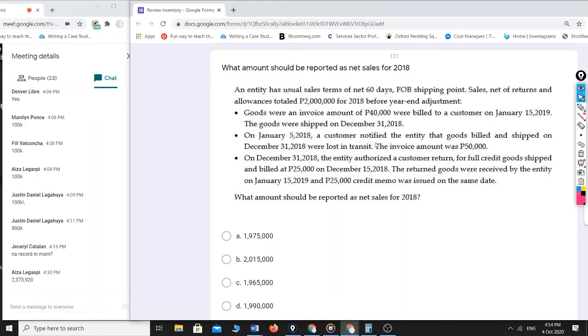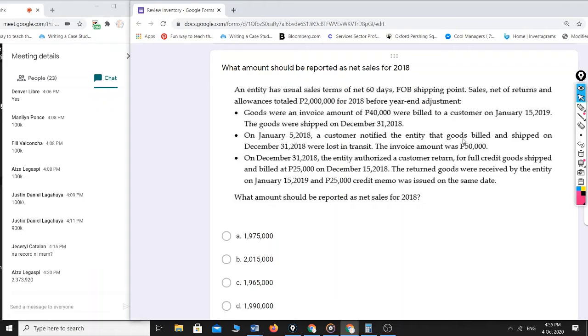So, whatever happens sa shipment, ang mo-bear sa expense, of course, si customer na. So, wala na control ang entity, and since the title was already given to the customer on December 31, 2018, so it is as if nabaligyan na jud to sa company. Okay? So, wala may buhaton ang company. No need for the adjustment for this item.